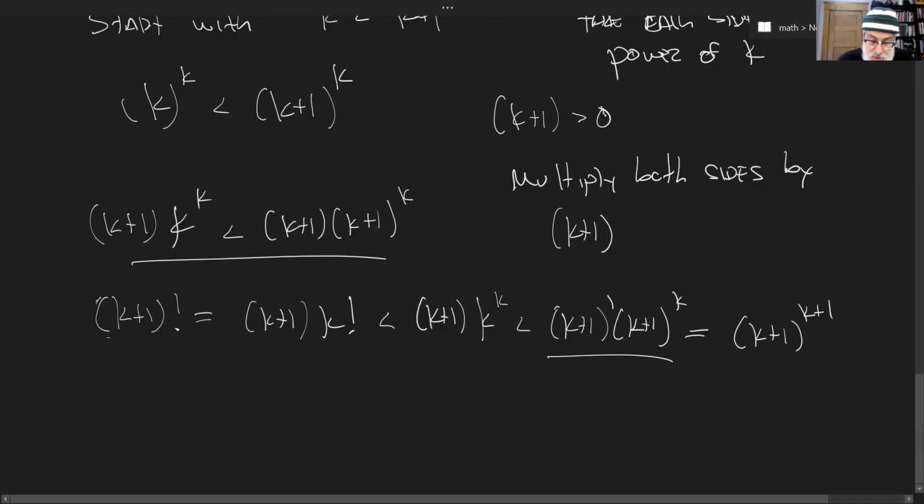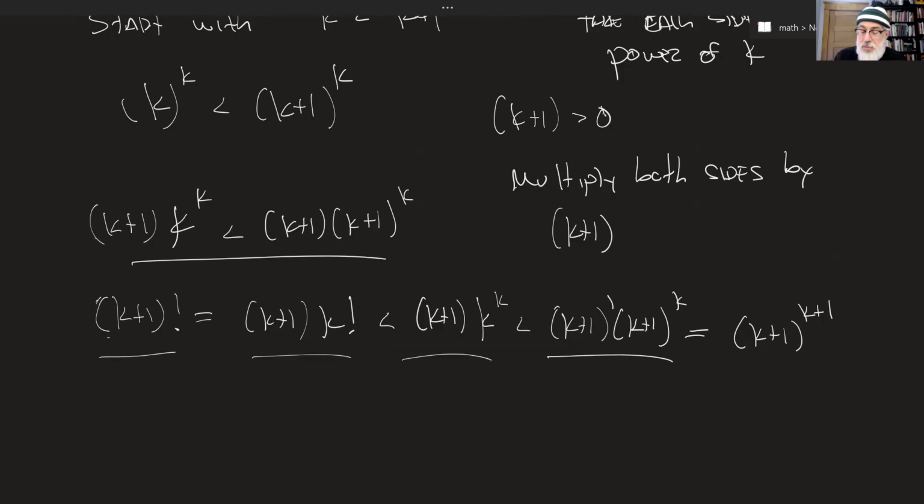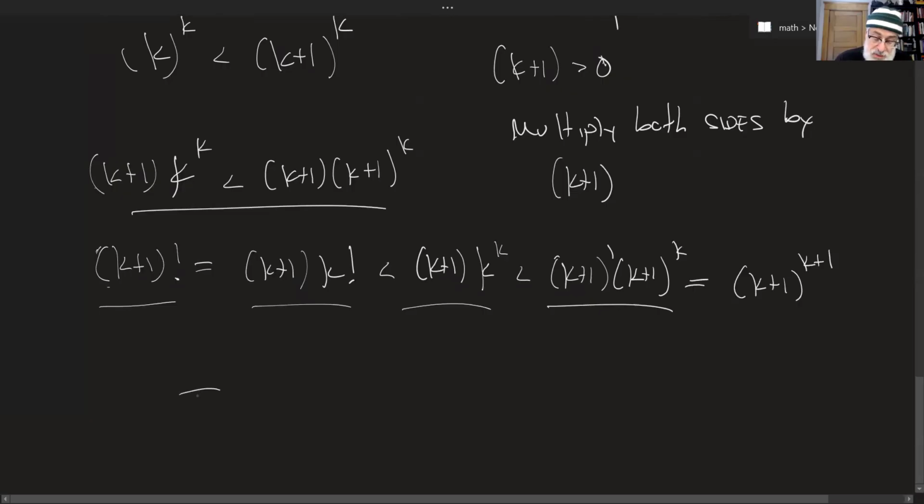So notice now we have k plus 1 factorial, which is k plus 1 times k factorial, is less than k plus 1 times k to the k, which is less than k plus 1 times k plus 1 to the k, which is the same as k plus 1 raised to k plus 1. So this means that by lovely transitivity, this is less than k plus 1 to the k plus 1.